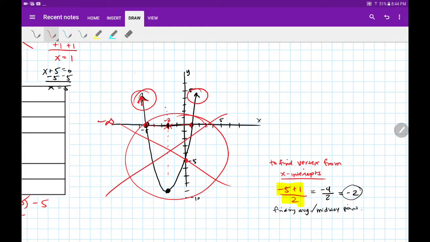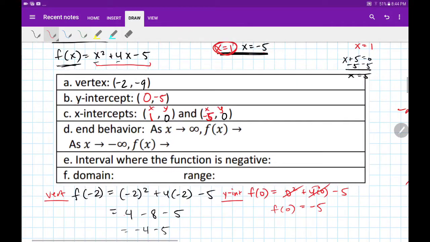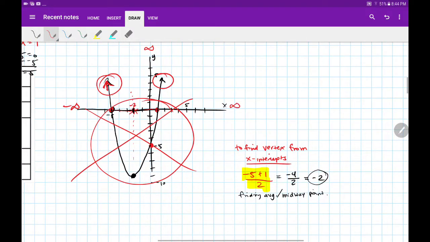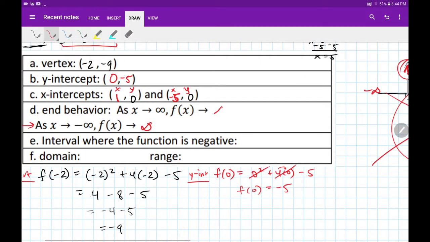So our y is going to approach positive infinity. As x approaches negative infinity, that's this guy right here, our y approaches positive infinity. And on the right side, as x approaches positive infinity, so we'll focus on the right arrow, my graph is also going to positive infinity on the right side. So, positive infinity here.